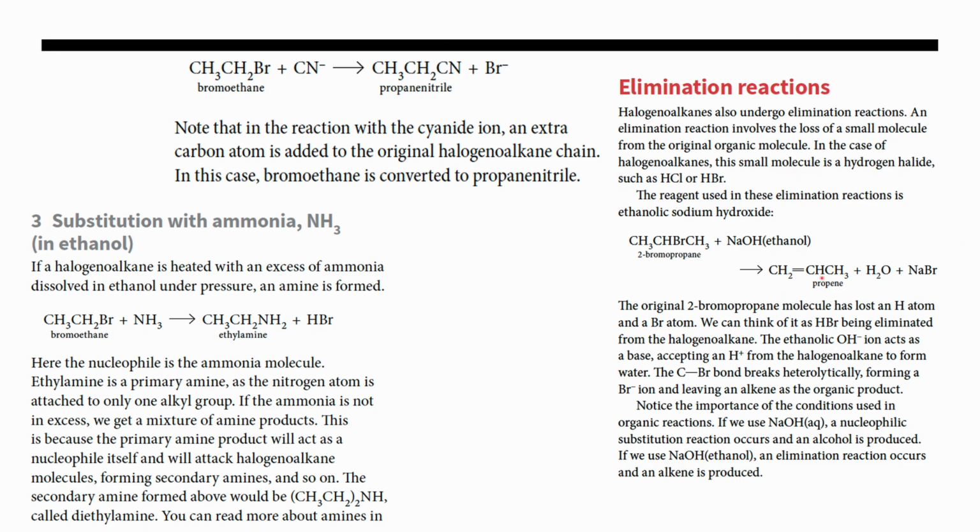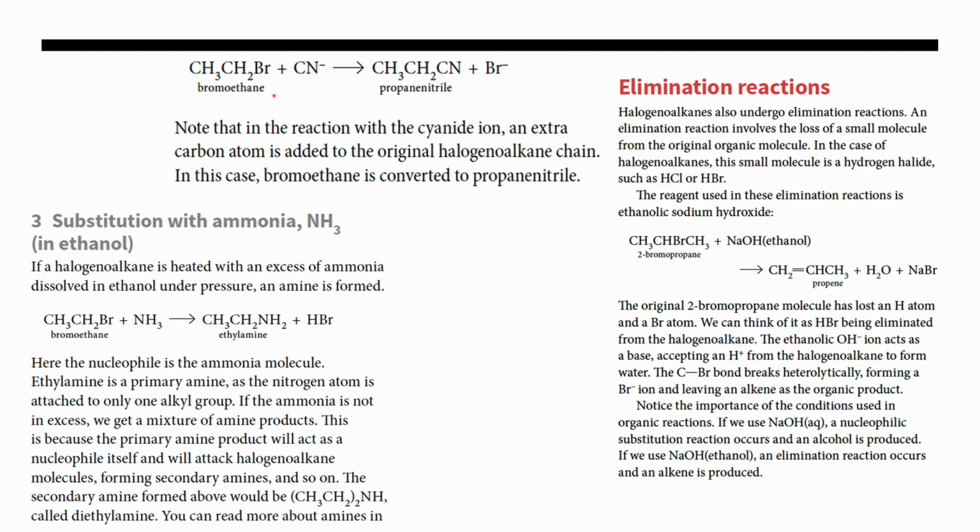As mentioned, your halogenoalkanes can undergo elimination reactions. It is important to note that if you use ethanolic sodium hydroxide instead of aqueous sodium hydroxide, you are actually going to undergo an elimination reaction. This is going to produce your alkene, water, and sodium bromide.